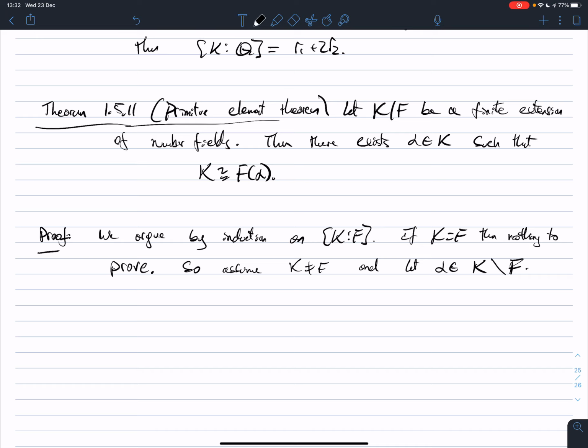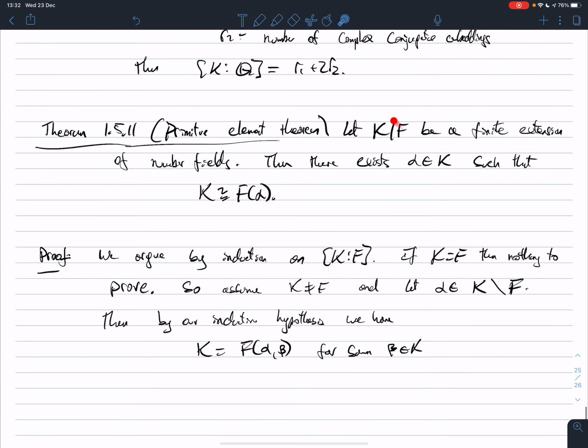Then what does this mean? By our inductive hypothesis, K has to be F of alpha plus beta for some beta in K. So I know that I got it from adjoining some finite number of elements.